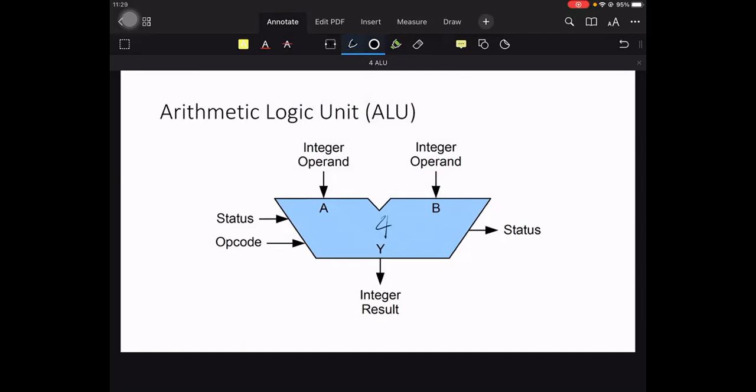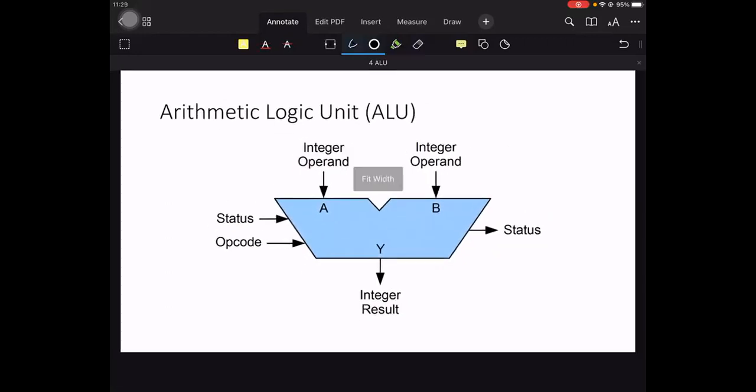Example lang, dili kayo complicated. So atong operand would accept inputs such as 0000 to 1111. So that is the range of values sa atong operand. Arbitrary values depende sa gi-give sa input device, let's say for example keyboard or mouse or data gikan sa internet na download or whatever, di ba?